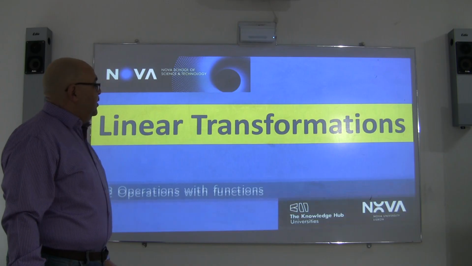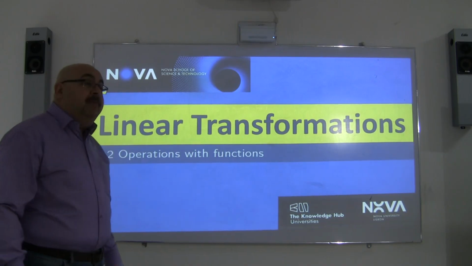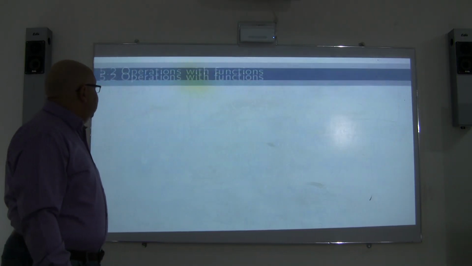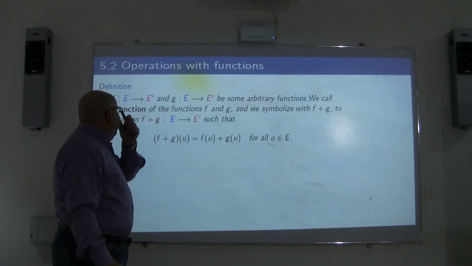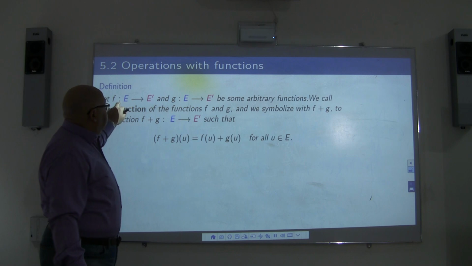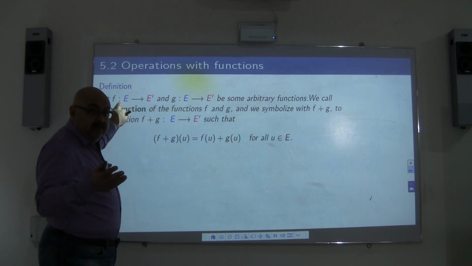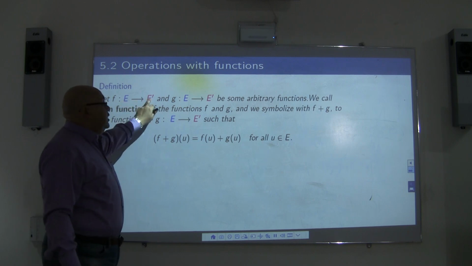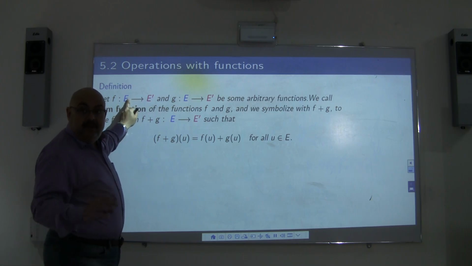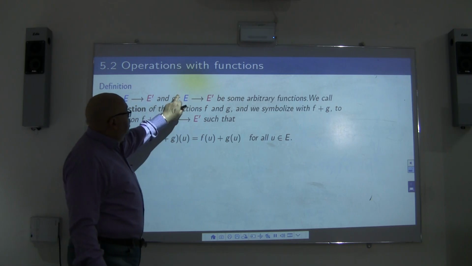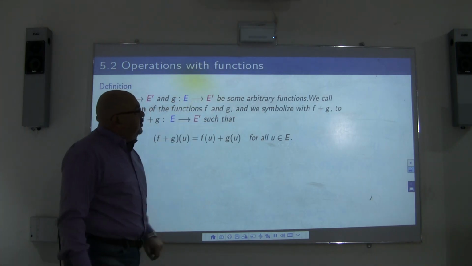Okay, linear transformations. I will talk about operations with functions. So, okay, now if I have f from E into E dash, whatever, E could be R3, E dash R2, whatever. And G from E into E dash, be some arbitrary functions.